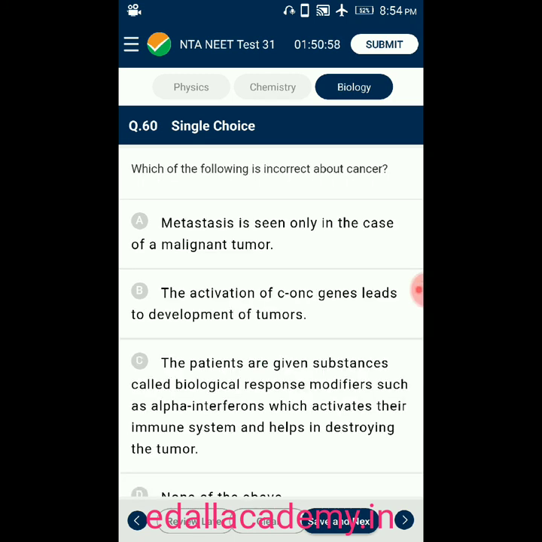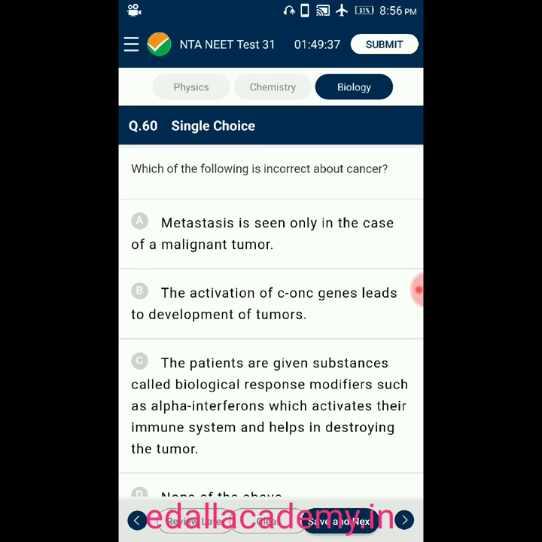Question number 60. Which of the following is incorrect about cancer? Cells sloughed from tumors reach distant sites through blood, and wherever they get lodged in the body, they start a new tumor there. This property called metastasis is the feared property of malignant tumors.